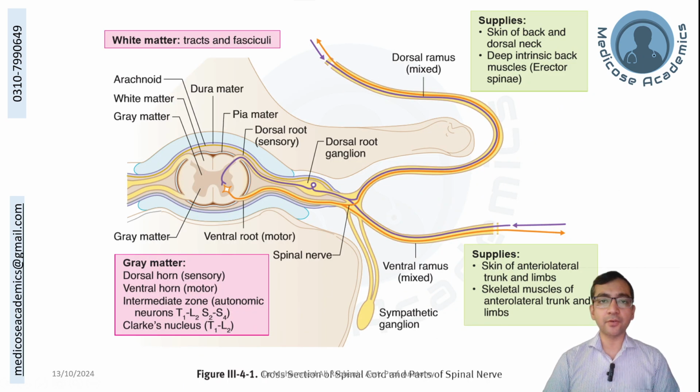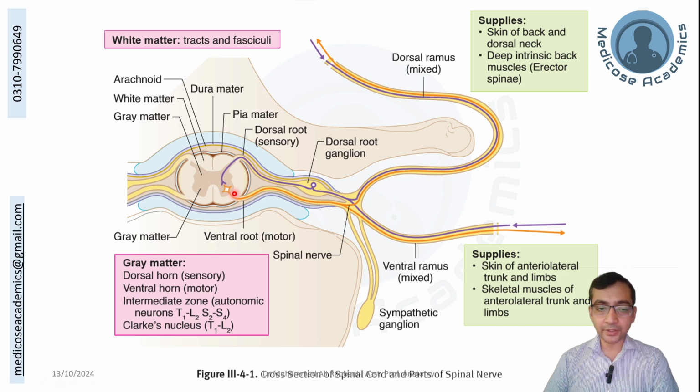And these are a few pictures from Kaplan's Neuroanatomy, just to give you a brief overview, a reality check of how much we have done. So here we discussed the spinal cord, its gray matter, ventral root, dorsal root, the lateral horn, and the intermediate zone containing T1 to L2 sympathetic and S2 to S4 parasympathetic.